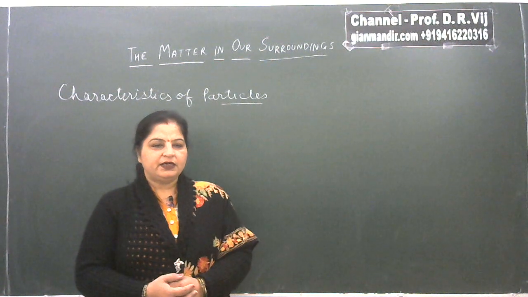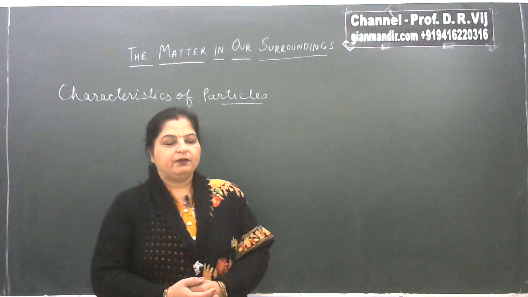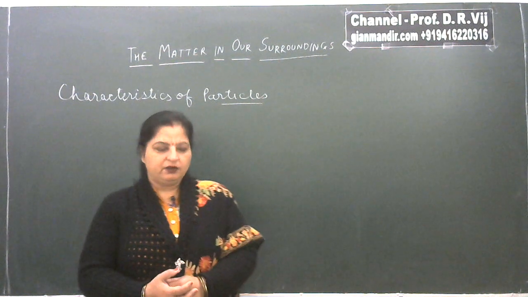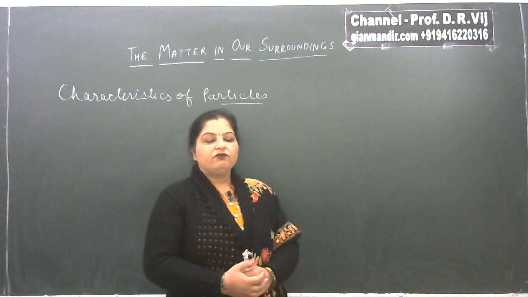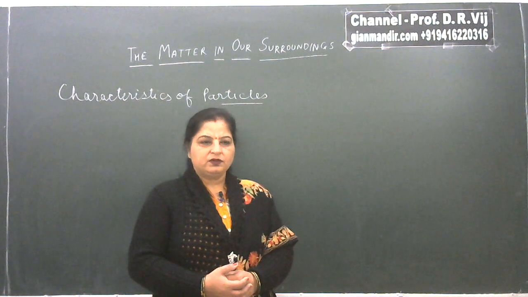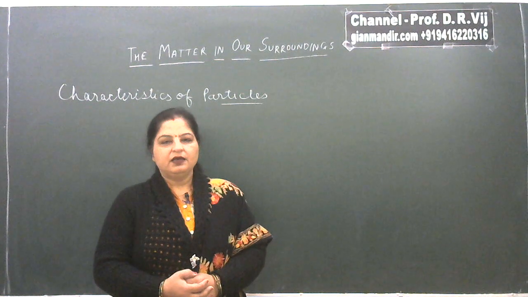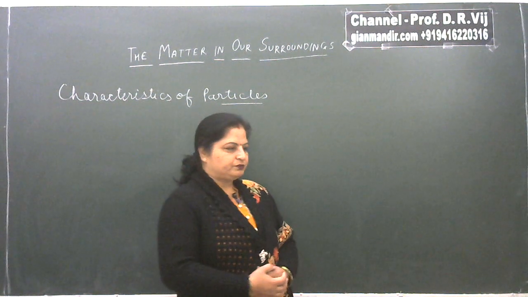And if you look at the characteristics of matter, then you find that matter is particulate. Particulate means it is made up of very small particles. These particles may be atoms, molecules or ions, about which we will be discussing in our later lectures.